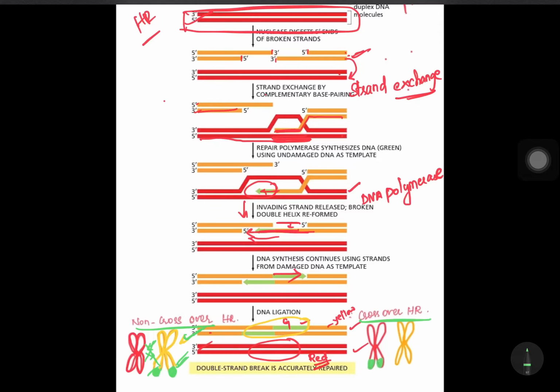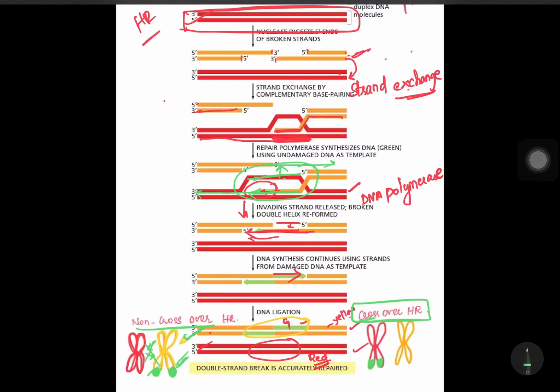Okay, but there is one more thing called crossover homologous recombination. What will happen in this crossover homologous recombination? So here it has used the strand exchange method. Since it has used the strand exchange method and initiated the synthesis, it will try to elongate in the same way, and hence this part will come to complement this one.